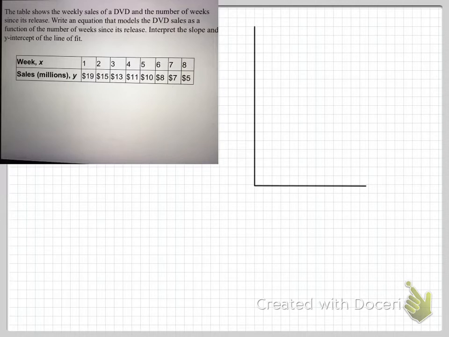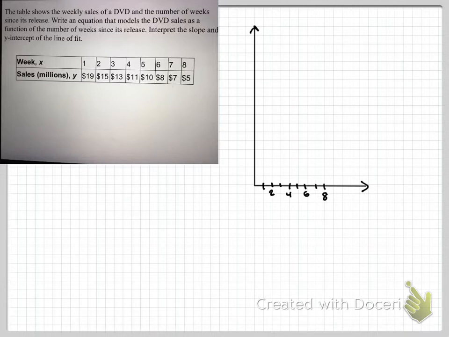Okay, I'm making every line worth 1 on the x-axis. So I'm doing 2, 4, 6, 8. You guys with me?